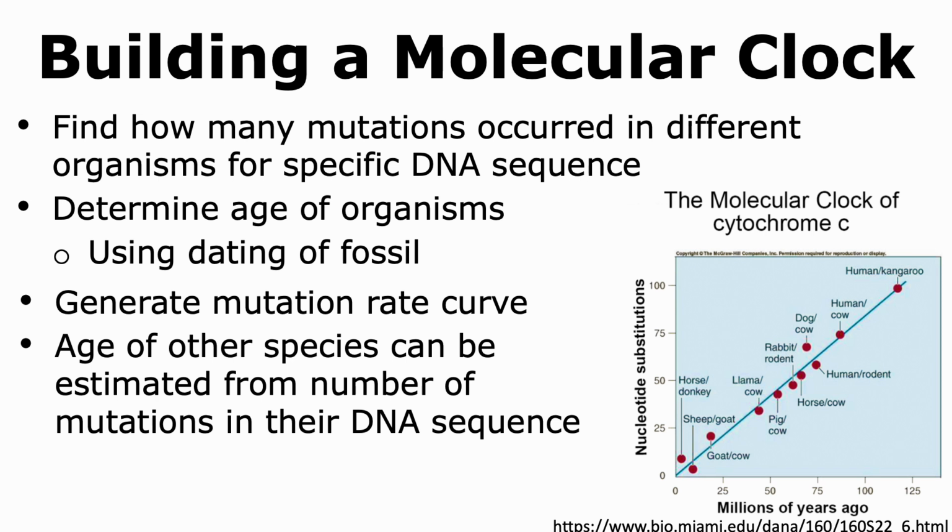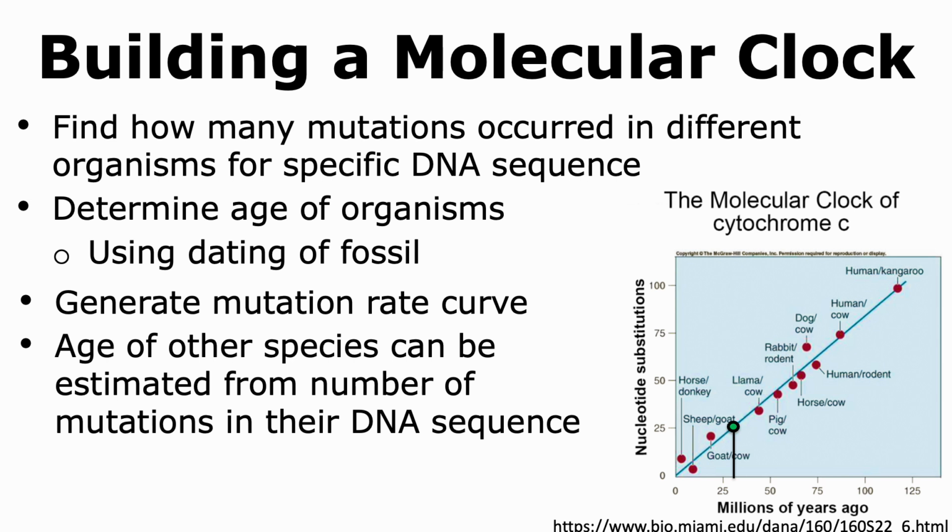Using this curve, we are able to now estimate the age of other species by knowing how many mutations happen in their DNA sequence. For example, if we have an organism that had around 25 nucleotide substitutions in the DNA sequence that we are considering, for example, cytochrome C, as shown in this figure, then we can now estimate the age of that organism to be around 30 million years.